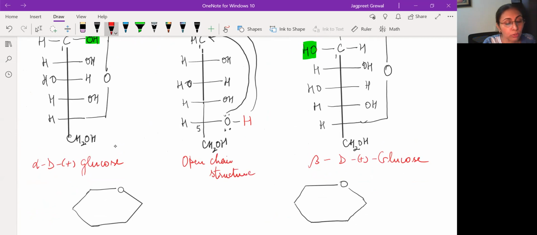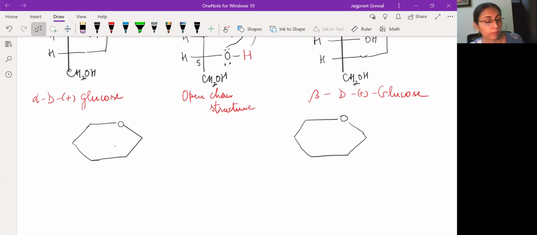So as I showed before, if you dissolve any one of them in water, ultimately you get the same equilibrium mixture. Why? The closed chain structure, the cyclic structure, opens in the solution, forms an open chain structure which again cyclizes. So this continues. That is why you get the equilibrium mixture.